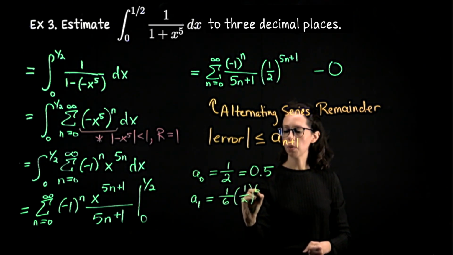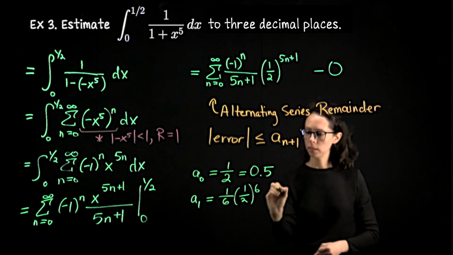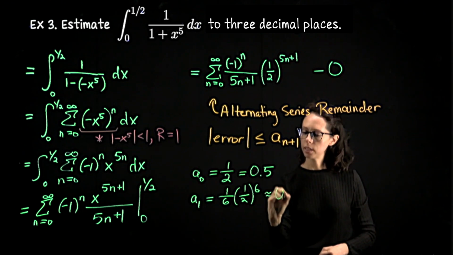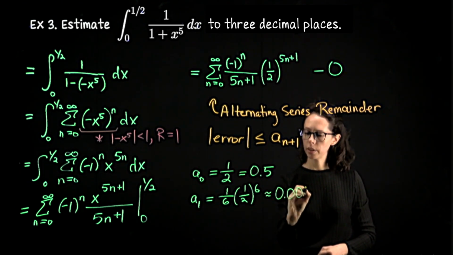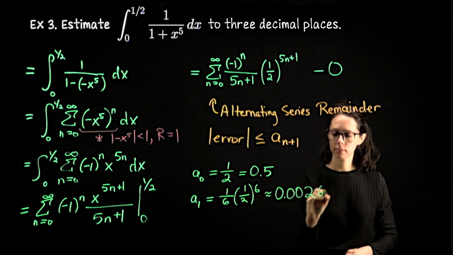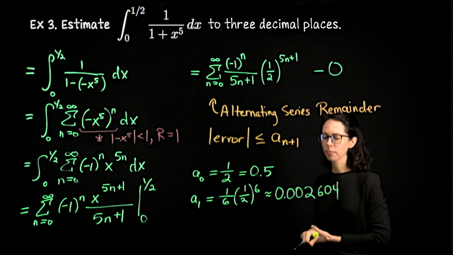That's already pretty small. I wrote it down as a decimal, and what I wrote down, assuming that I crunched this correctly earlier, was 0.002604. Just write down enough decimals so that we feel good about the first 3.